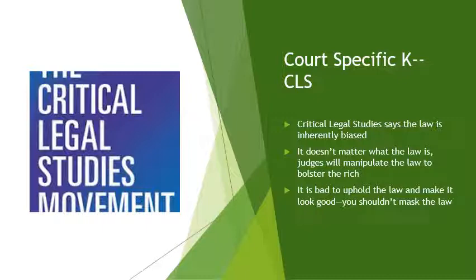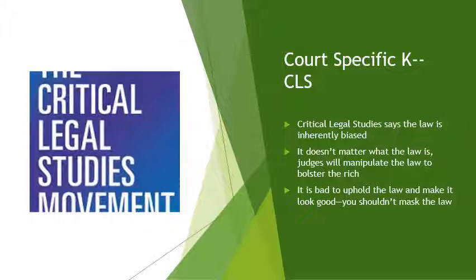Critical legal studies says it's biased towards wealthy people. Critical race theory says it's biased towards white people. It doesn't matter what the law is. Judges will manipulate the law to bolster the rich. So you can make the law change to whatever you want, and the law will be indeterminate. That there are so many precedents on the books that judges can come up with whatever conclusion they want.